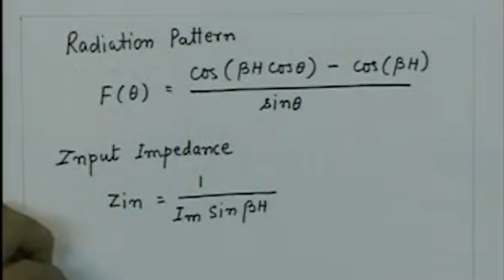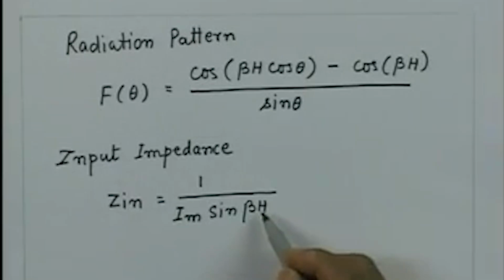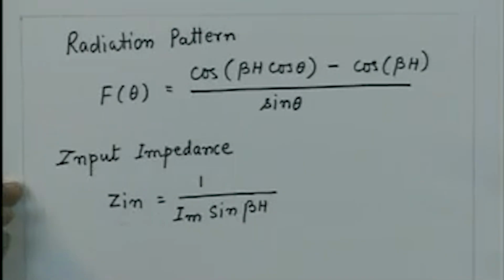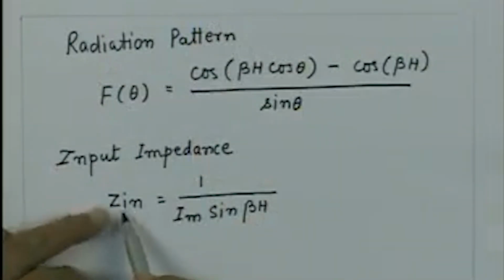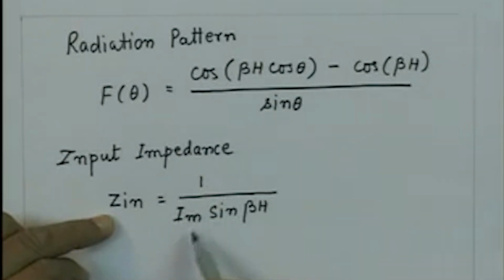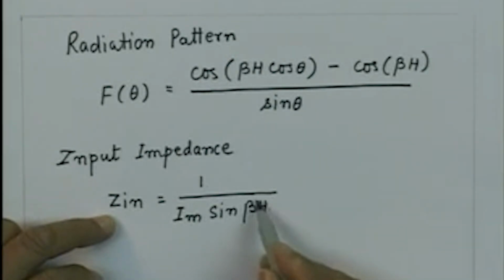So, you have a sinusoidal distribution on the dipole, and then depending upon the value of h, you may get some value of the input current. So, the input impedance may vary over a very wide range. In fact, when this quantity is pi by 2, that time the input impedance will be 1 upon I m, whereas when this quantity is 0 or pi, that time this will be 0 and the input impedance will go to infinity, because current will go to 0.